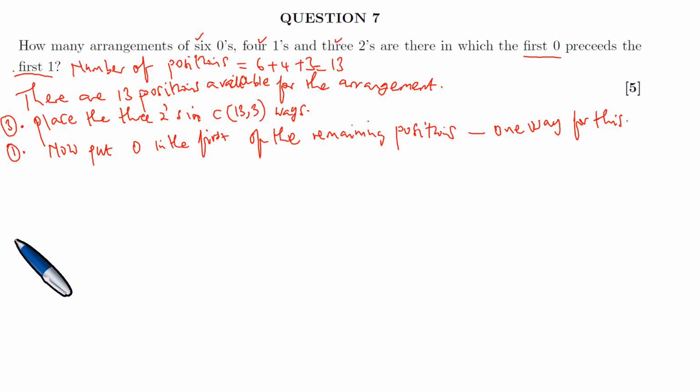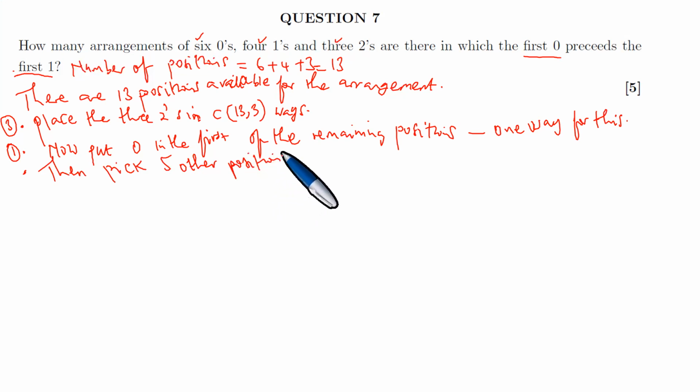Now pick 5 other positions for the remaining zeros, because there are 6 zeros, you have just placed 1, and then 5 zeros are left.